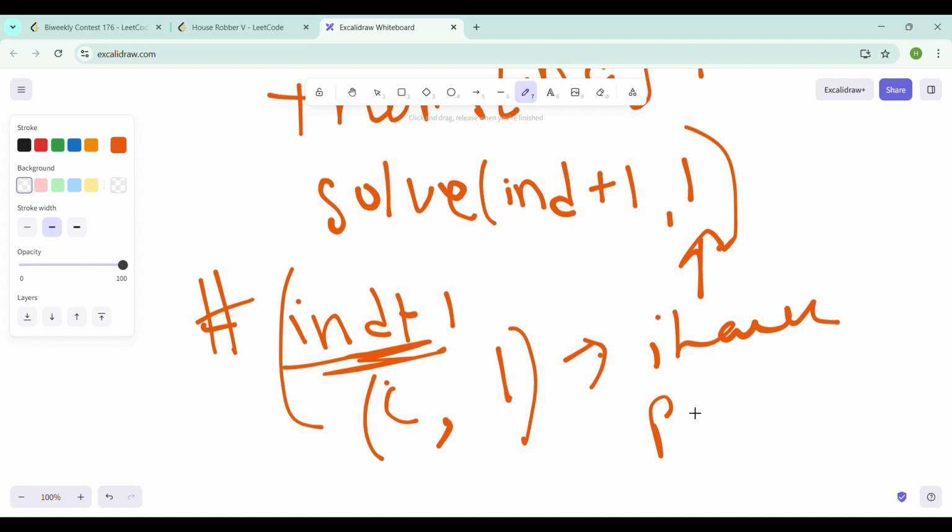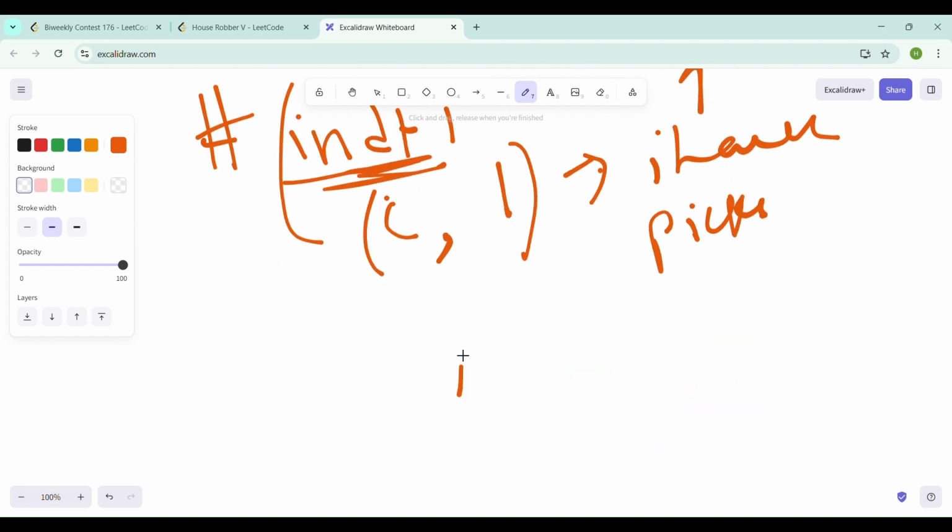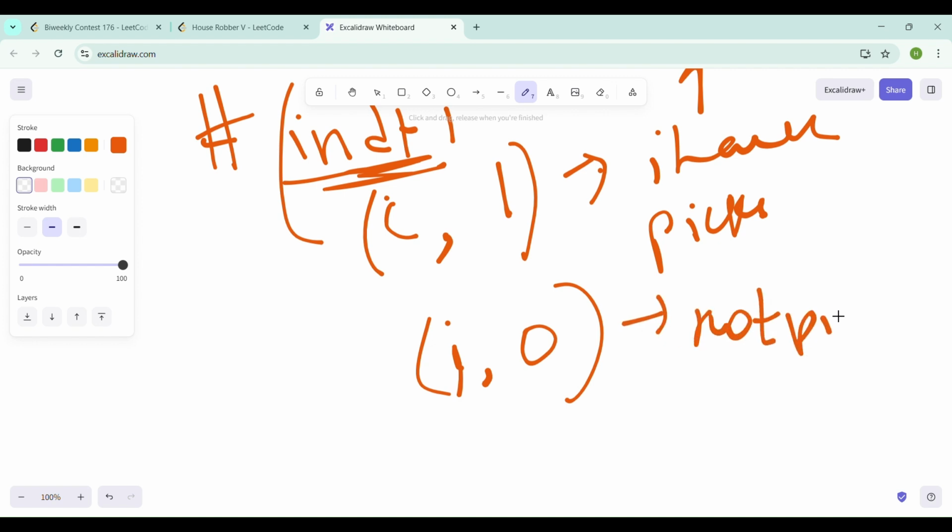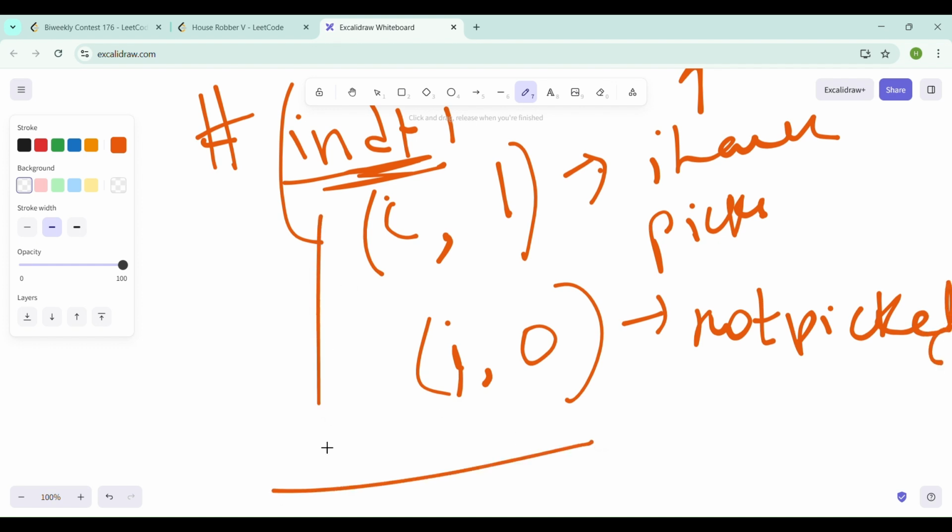And if I comma 0, that means I am at the ith index and I have not picked the last element. That means I'm not bound to pick or check anything. That's it. These states will easily solve the problem.